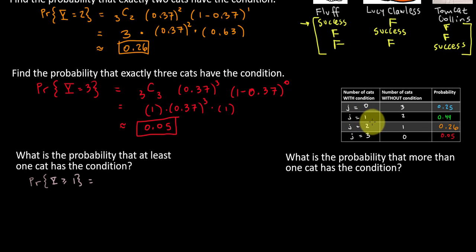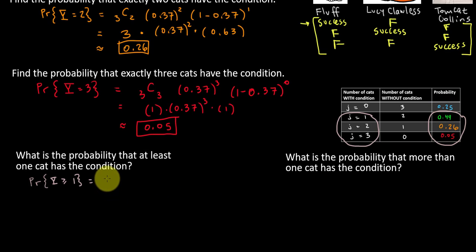Greater than or equal to 1, well, that would be all the successes, 1 or greater, which correspond to these probabilities. So that's all the probabilities except 0 successes. All except 0 success probability.